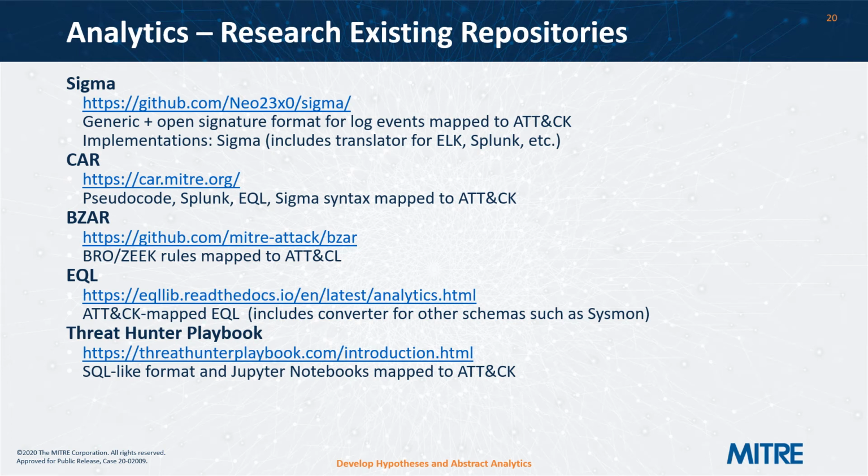Before you dive in too deeply with your own research and hands-on experimentation, be sure to check out open source resources and capitalize on the value they provide for free. Sigma, CAR, Bazaar, EQL, and Threat Hunter Playbook are all great resources for this kind of information.